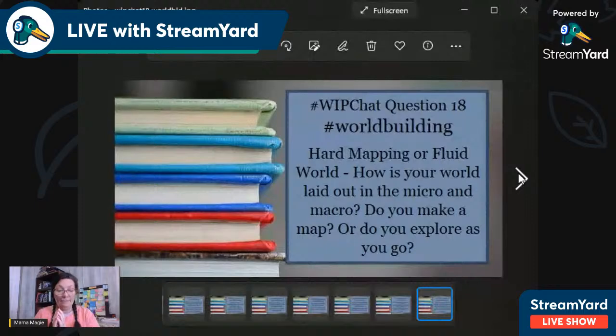So, having hard worlds versus fluid worlds, adding places that weren't earlier in an area where your characters were, be aware that you might have to go back, throw in a sentence or two, throw in a paragraph or two about, oh yes, this place is over here. Having some place just pop up like Shangri-La, appearing and then disappearing, your readers will notice that.